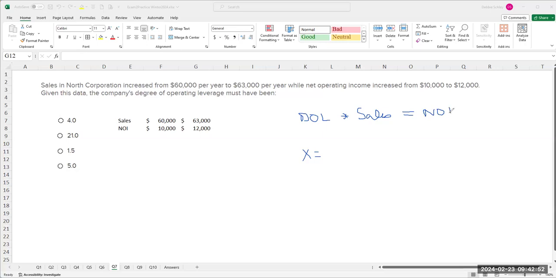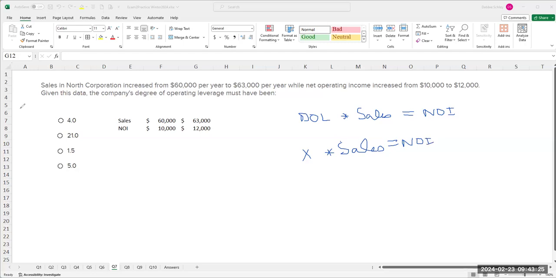Right, that's normally how we do it. Well, we don't have the degree of operating leverage, but we will have in a moment the change in sales, and we will have the change in net operating income.